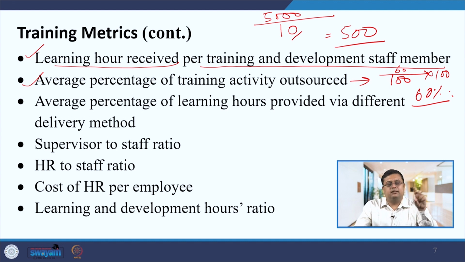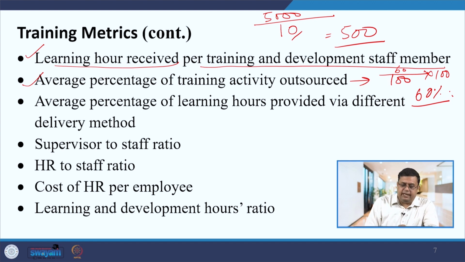The moment these KRAs are identified, it could be one of your KPIs: you have to reduce the outsourced activity by this percentage by next year. That is how you can use these metrics as KPIs for the learning and development department, but you need to calculate them in order to understand, and these metrics may help you do effective goal setting for the learning and development department.